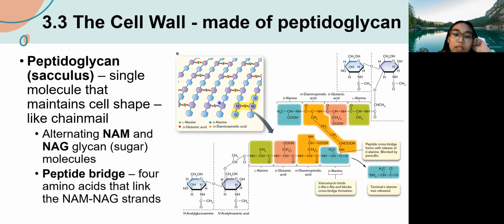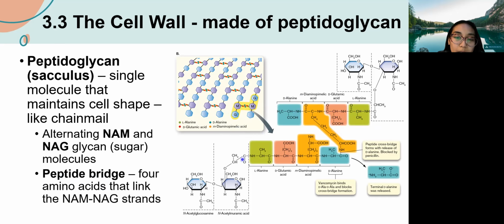And it's basically 4 amino acids sticking out from the NAMs, okay? So the peptide bridge, by the way, comes from the NAM, not the NAG. Each NAM has 4 amino acids coming off of it, and then 4 amino acids coming off of this other NAM, and then they kind of meet in the middle, and then they link there.